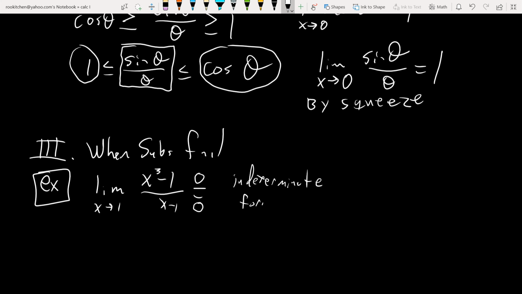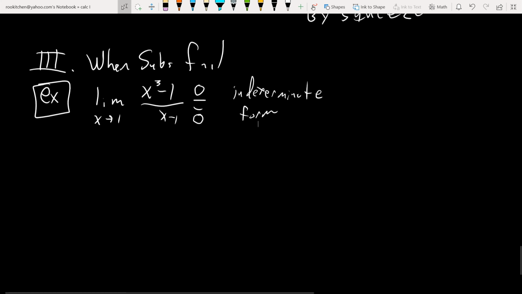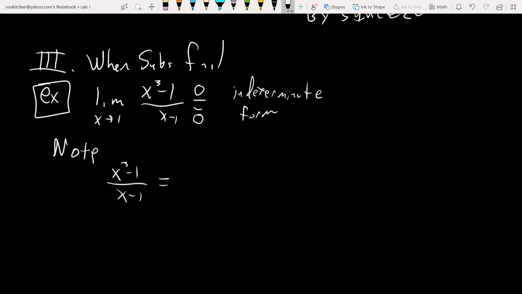And to kind of figure out what's going on, one thing you could do is notice the following thing. X cubed minus 1 over x minus 1, for everywhere except at x equals 1, you can make a simplification, right?